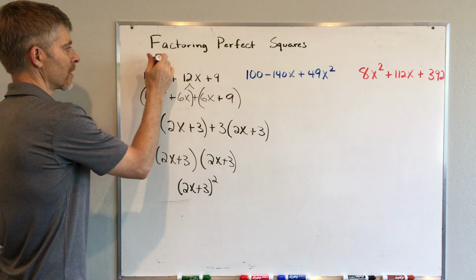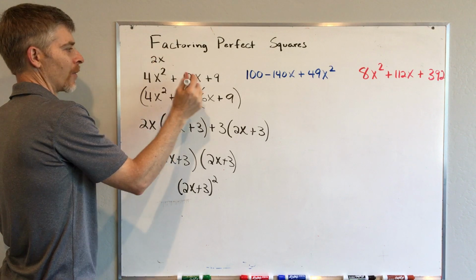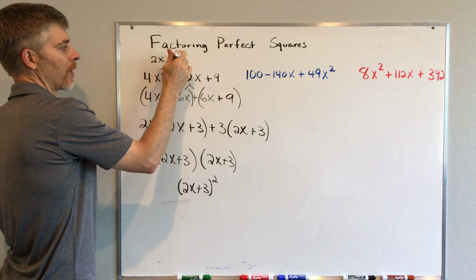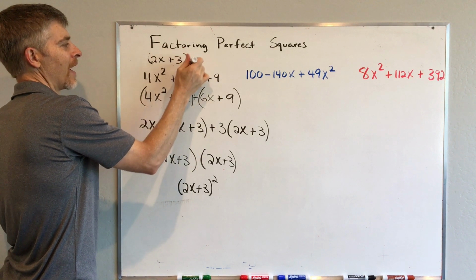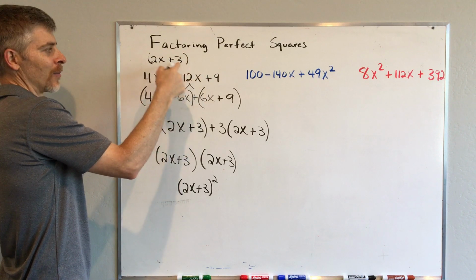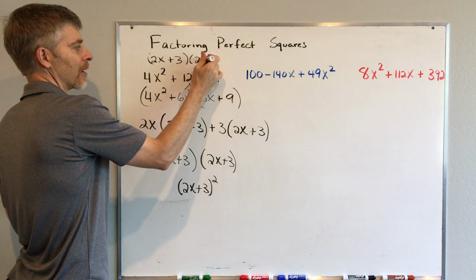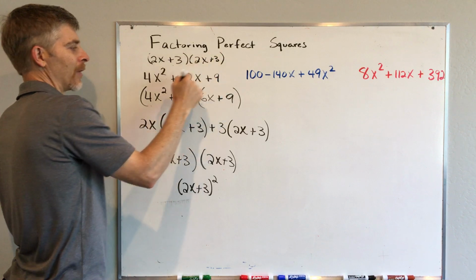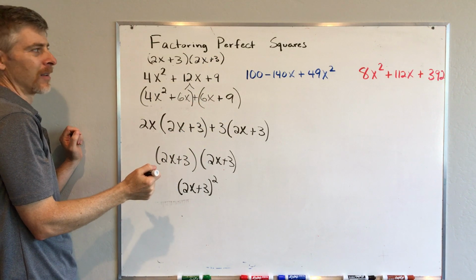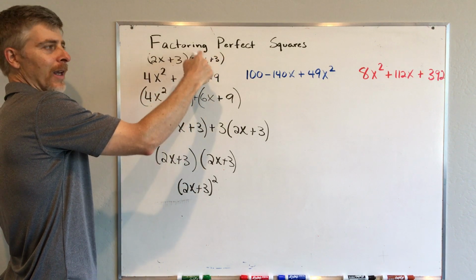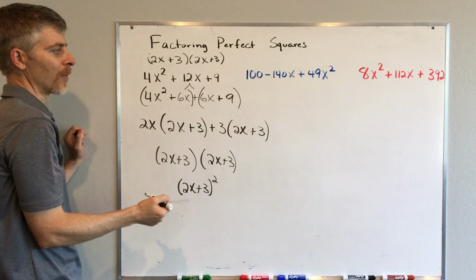That's 2x. And what's the square root of 9? 3. And then say, I bet if I multiplied 2 of those together, I would get a 12 in the middle. And in fact, if you distribute that out, you will get a 12x in the middle.